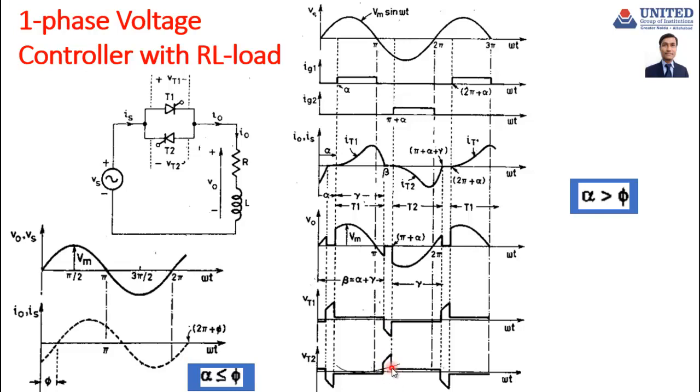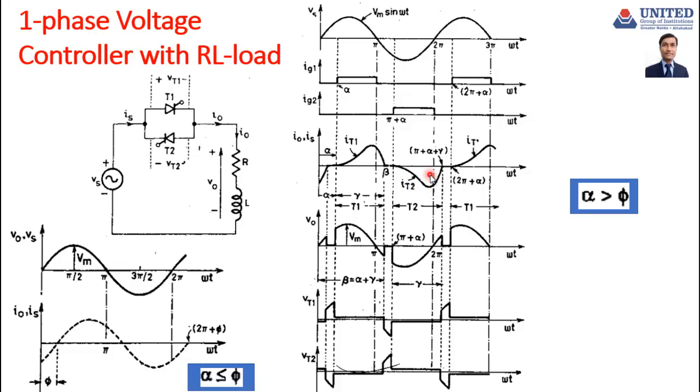Therefore thyristor T2 is turned on at pi plus alpha, which is greater than beta. The current I naught, which is equal to the current flowing through thyristor T2, starts flowing in the reverse direction through the load.